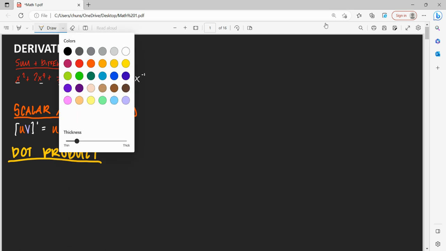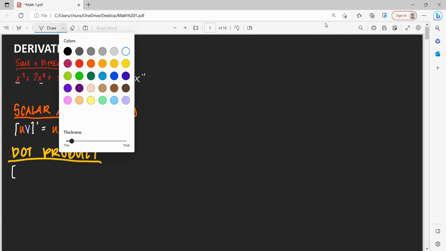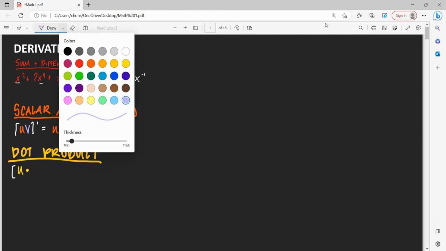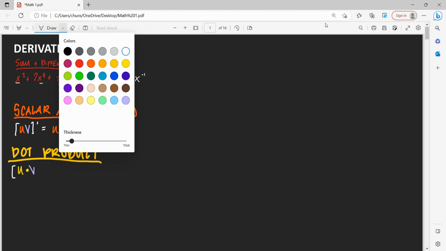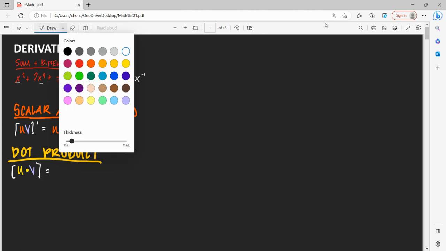So this is similar to our other example. So if we had u dot v, then this would mean that we would have to use dot product in its place.